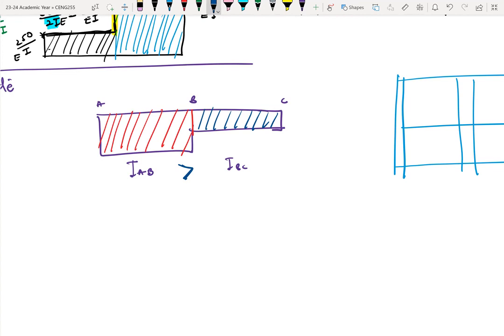Now, I'm being told that the moment of inertia of AB is 8 times 10 exponent 6 mm^4, and the moment of inertia for BC is 4 times 10 exponent 6 mm^4. Great. Now I want to write one in terms of the other.